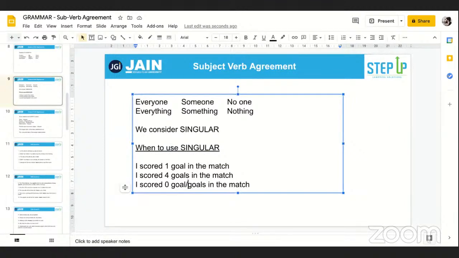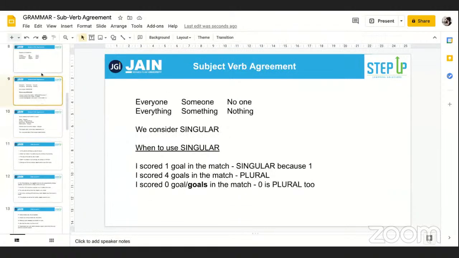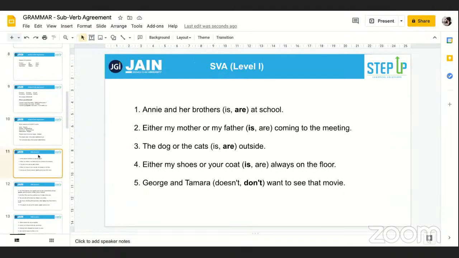It's 0 goals. So this one is singular because it's 1. The second one is plural, and the third one is plural because it's more than one. Technically, subject is 0, yes, but we use it as plural. Single means 1. Anything more or less will be plural. Anyhow, I will be sharing this sheet with you, so you can always come back to refer. That's why I'm writing these things here. Don't worry, it's not that difficult.